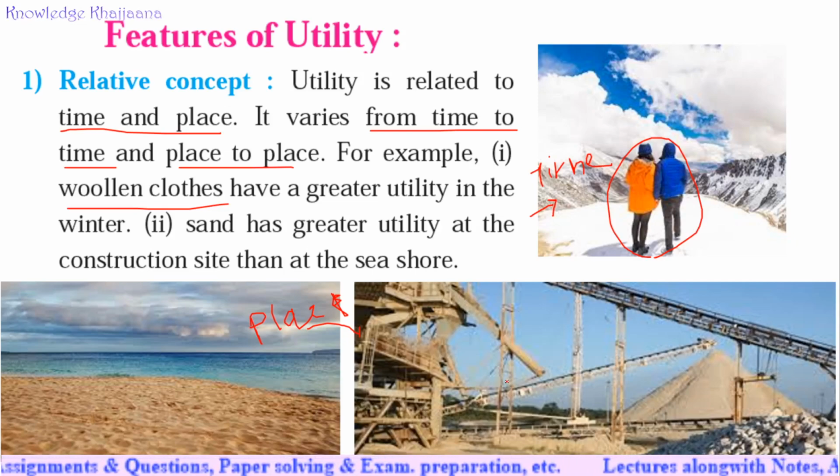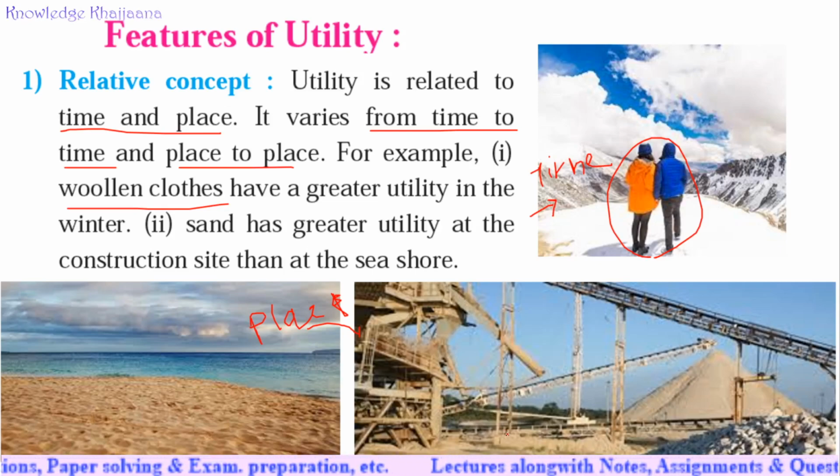So what we can say? The utility differs from place to place. See, woolen clothes have no utility in South India, but they have more utility in Leh Ladakh. It means transport creates place utility.